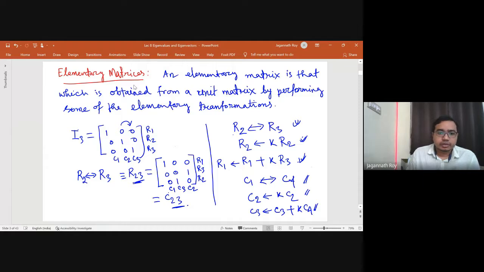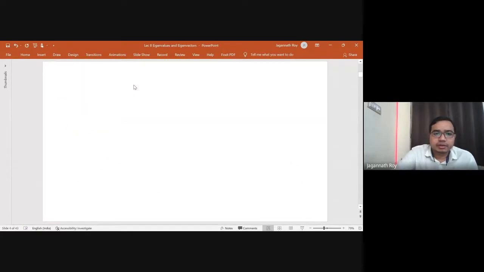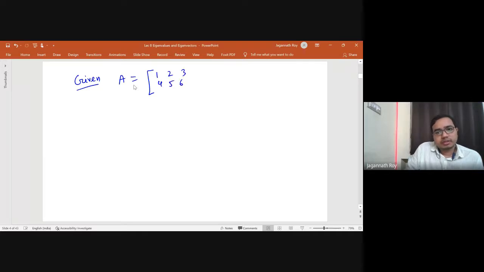Now, for any given matrix, if we multiply by this particular elementary matrix, what will happen? For example, let us suppose A is given as 1, 2, 3, 4, 5, 6, 7, 8 and 9.